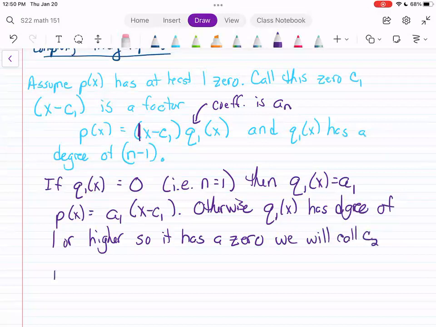So now we can take p of x and we can write it as x minus c sub 1, this new factor x minus c sub 2, and then the quotient that's left there.